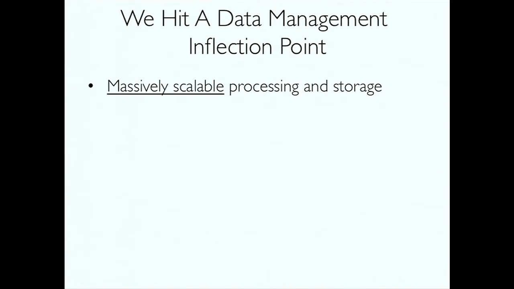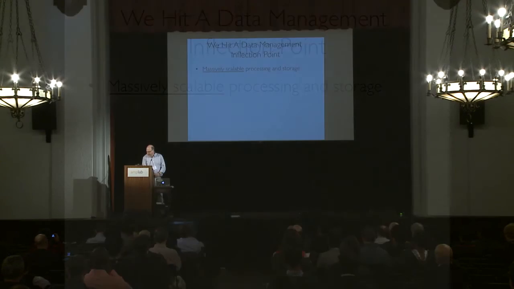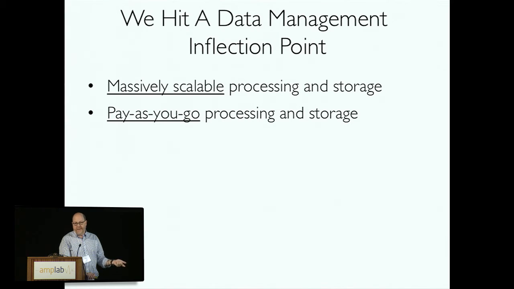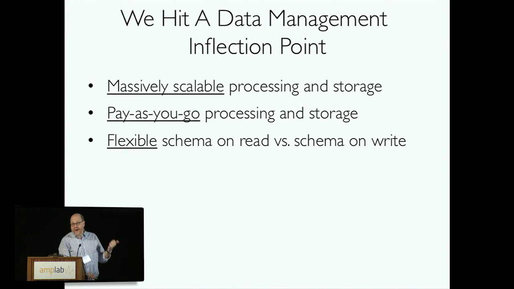So we were lucky to hit an inflection point. There was widely available processing and storage. Cloud vendors were allowing people to pay as you go, so you didn't have to have a big capital outlay if you wanted to start doing data analytics. Software was changing to make it easier to ingest lots of data without having to do a lot of upfront design, like me and my colleagues here like to teach in the database class.